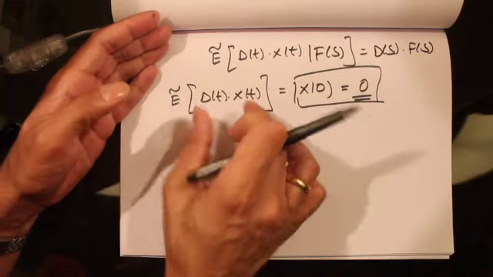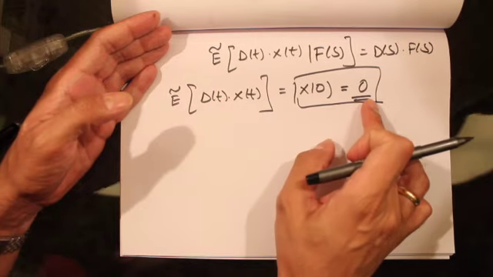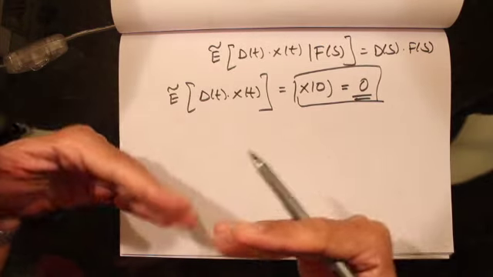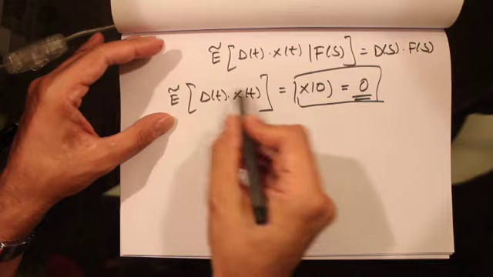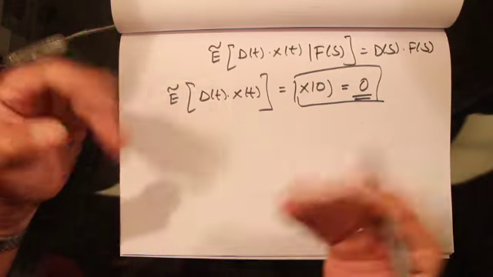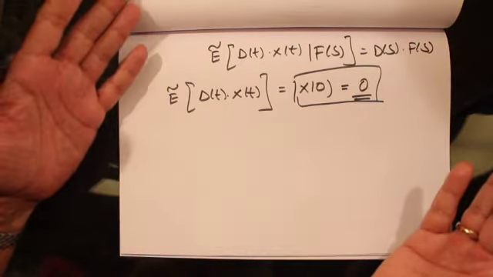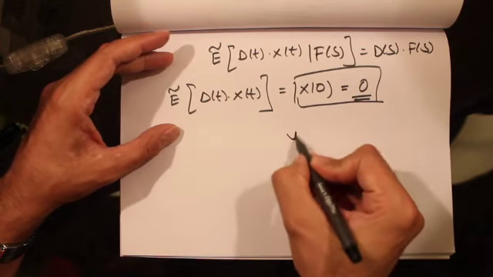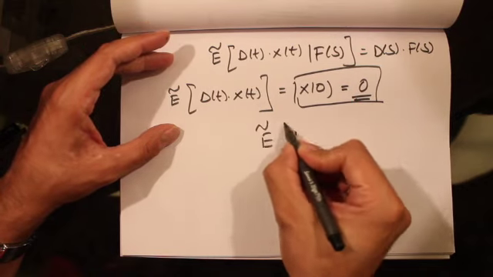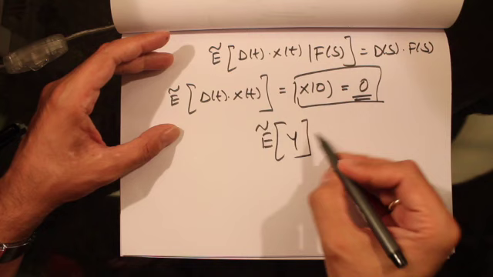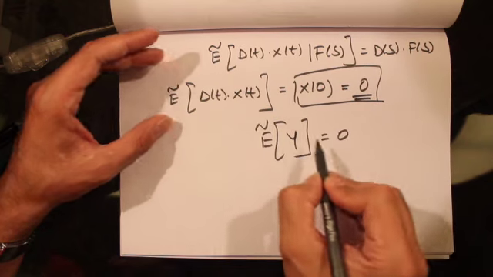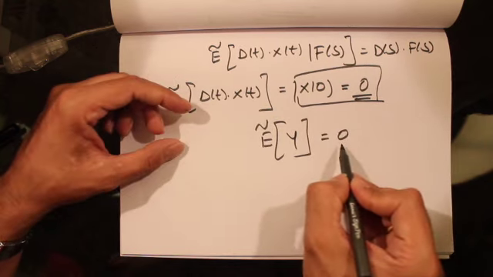Okay, expected value of a random variable is equal to 0. That basically means there is no arbitrage. Why? Let's see how we can get expected value 0 of a random variable. Let's assume there is a random variable Y, and the expected value of Y under some risk neutral measure is equal to 0. How can we get expected value 0?